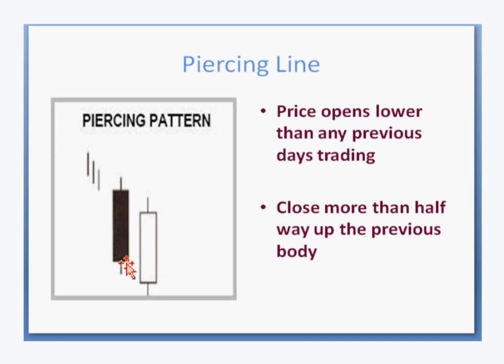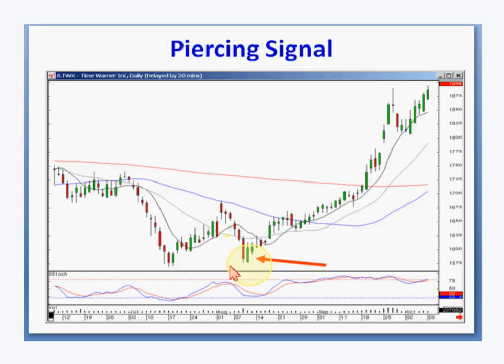It not only has to open below the previous day's close, but it has to open below any of the trading range of the previous day. That means it's gapped down below the low of the previous day. Then the second criterion is that it has to close more than halfway up the candle of the previous day. Again, if that's happening near the oversold area, that tells you the bulls are taking control.